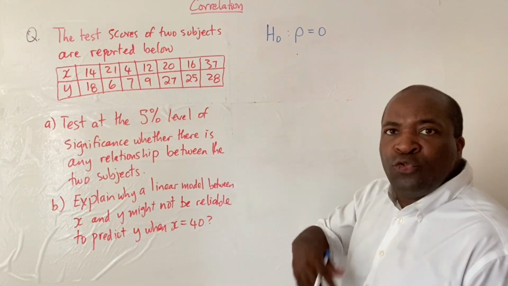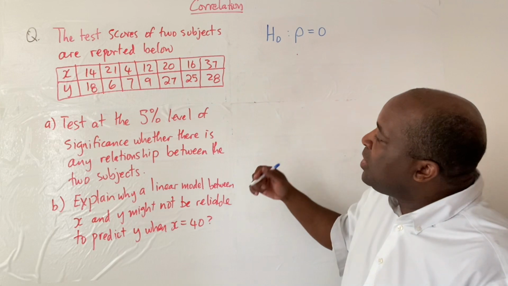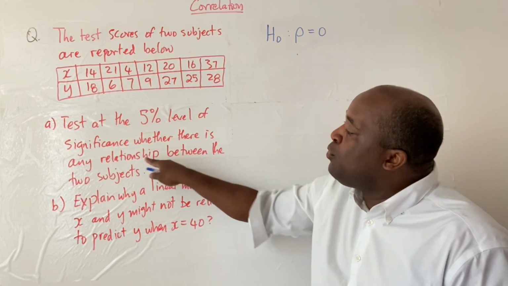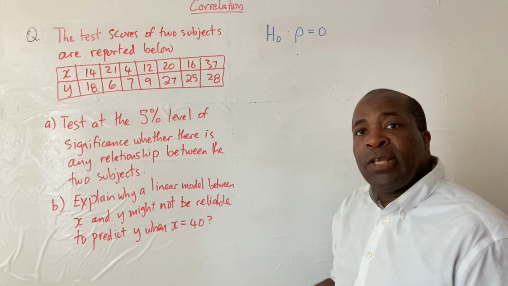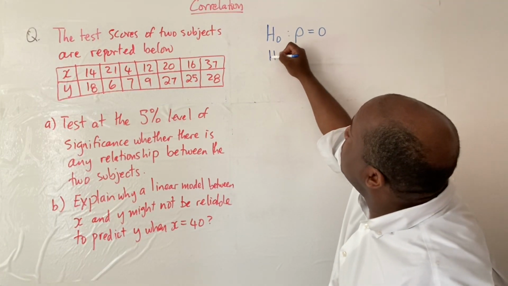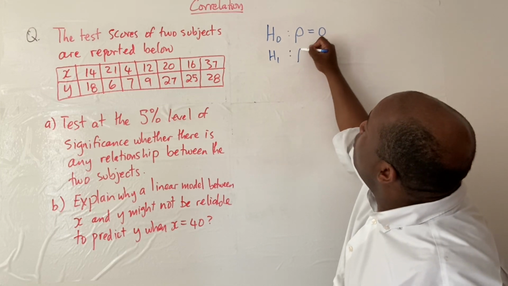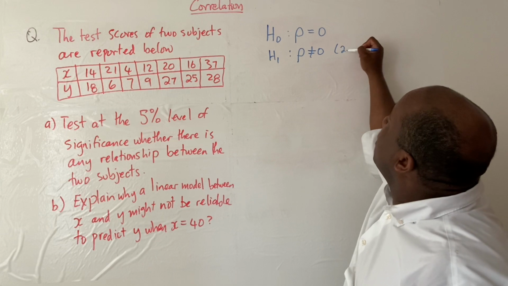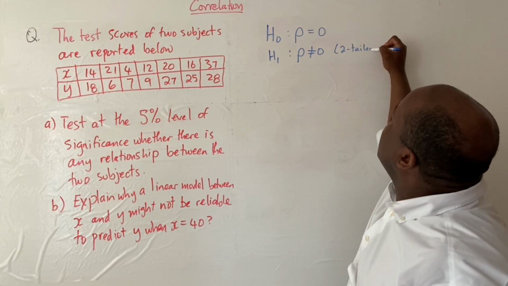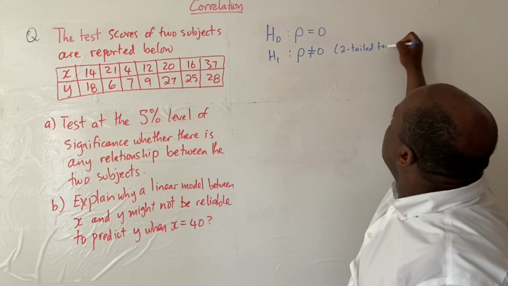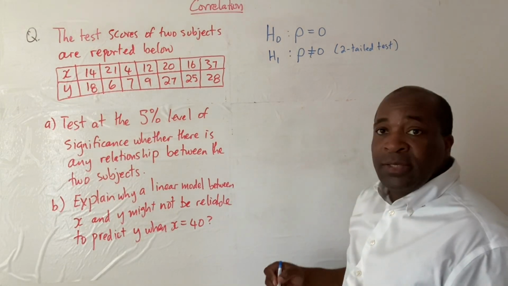So we want to know if the true correlation coefficient is 0, or, notice how they've worded it, whether there is any relationship. Any relationship, it could be a positive relationship or a negative relationship. So therefore, rho is not equal to 0 would be the appropriate alternative hypothesis, making it a two-tailed test.